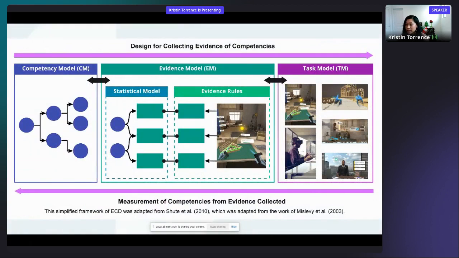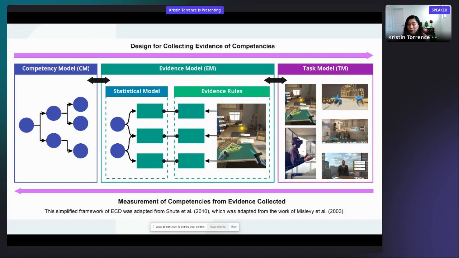Evidence-centered design does this through the interaction of three primary models: the competency model, the evidence model, and the task model. If you go from left to right, from the competency model to the task model, it's a design framework for how to design gameplay experiences that are intentional and focused and collect evidence of the competencies that we want to measure. So in identifying what we want to measure, how we're going to measure it, and then where we get the data.